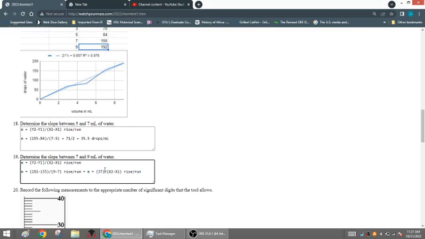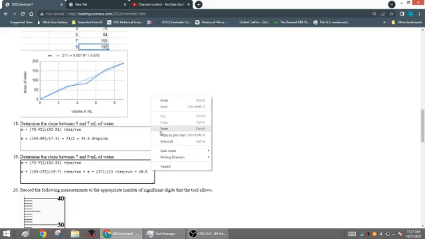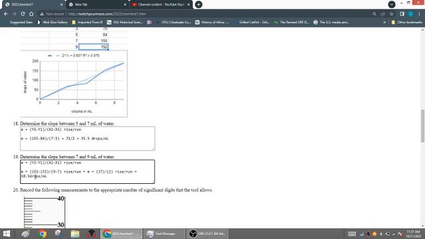And again, we have a 9 minus 7, a difference of 2 on our x change. So 37 divided by 2 is going to give us 18.5. And since we're talking about the same slope of the same data, the units again are going to be drops per milliliter.